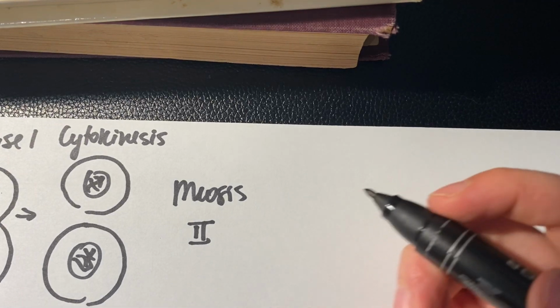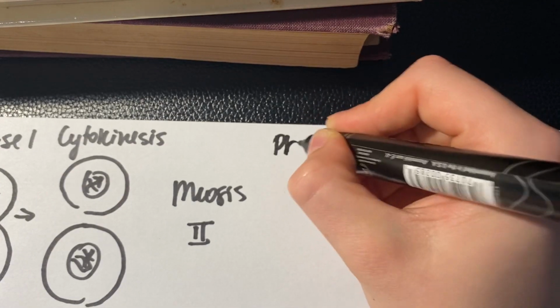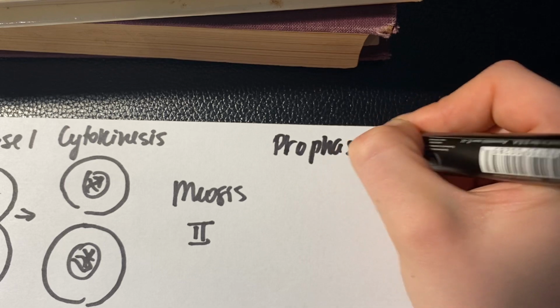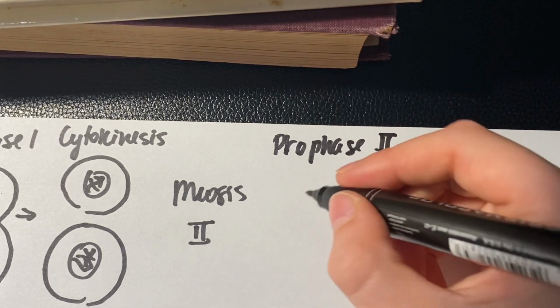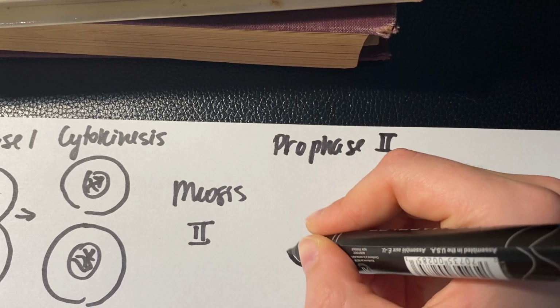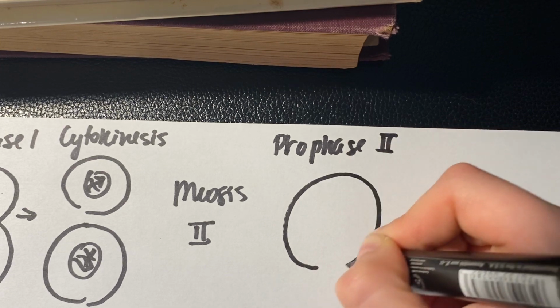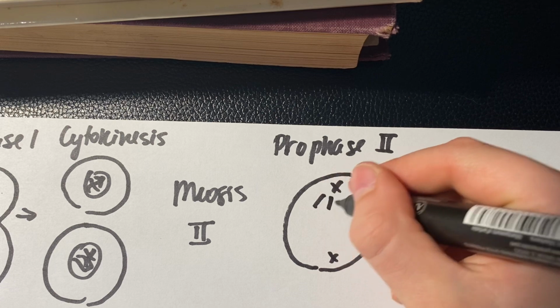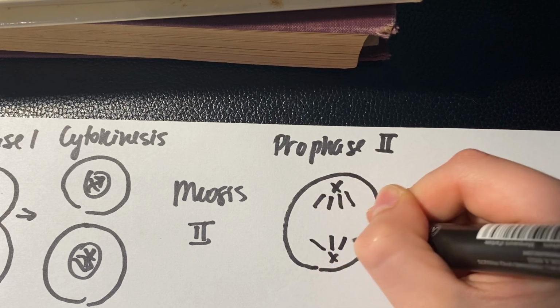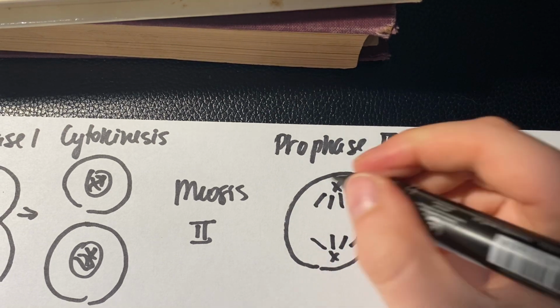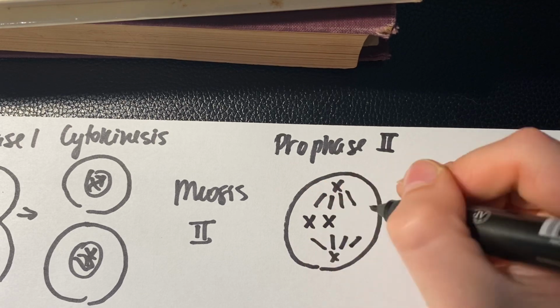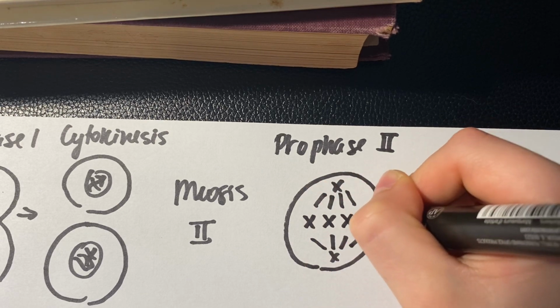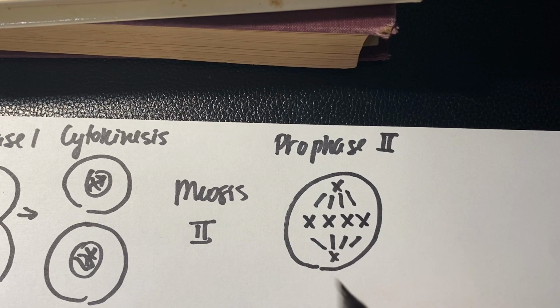In meiosis 2, we have prophase 2, in which spindles are forming as well as centrioles. And the chromosomes condense. However, there is no crossing over.